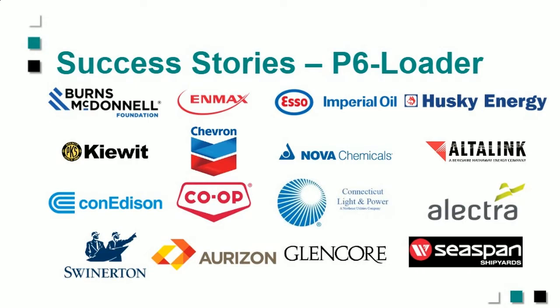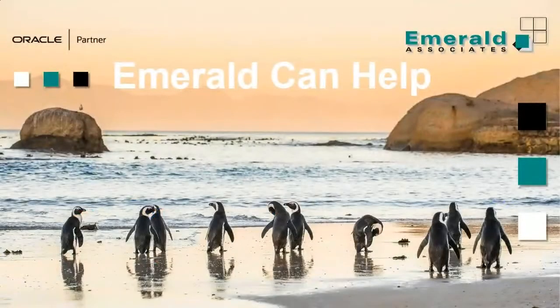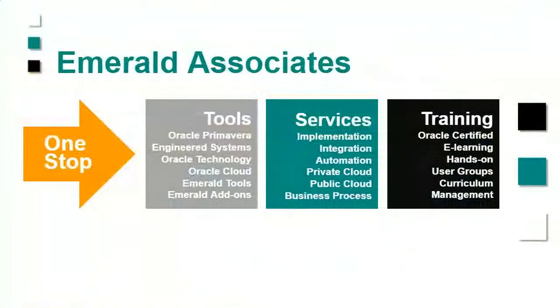Okay, so I think that gives you a good flavor. So I do want to thank you for spending the last hour and a bit with us. Hopefully you saw some ideas, food for thought. And I just wanted to highlight, this is just one of many tools that Emerald has. As I mentioned, we've got our P6 reporter, P6 scrubber to help you import XERs or XML files.